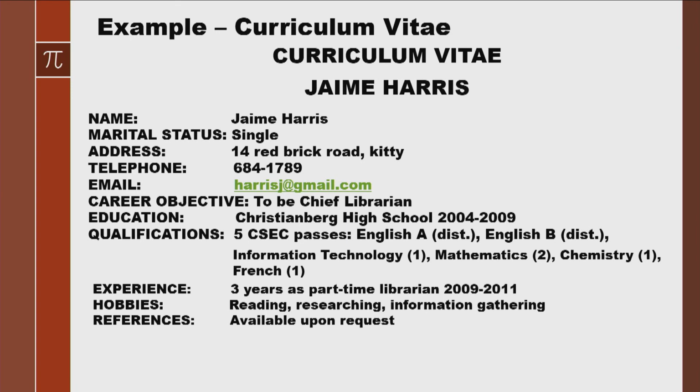So we have the name of the person, Jamie Harris, marital status, this person is single. We have the address of the person, 14 Red Brick Road, Kitty. We have their telephone number, 684-1789. We have their email, harrisj@gmail.com. We have their career objective, which is to be chief librarian.